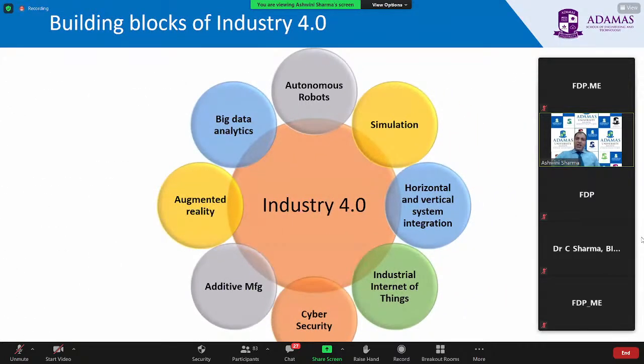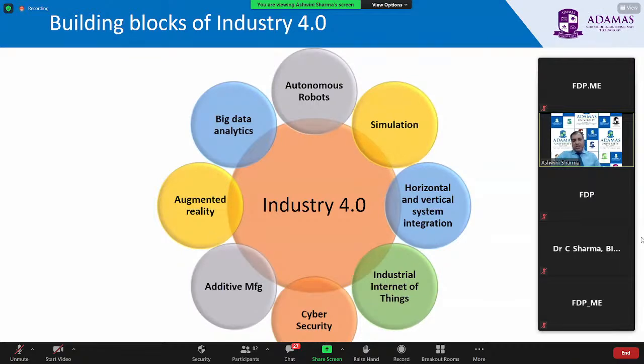So coming to the building blocks of Industry 4.0, you are seeing all these things: autonomous robots, then the simulation, very important, horizontal and vertical system integration, industrial internet of things, cyber security. Security is very important, otherwise somebody else might be digging into your system and maybe tamper with that.